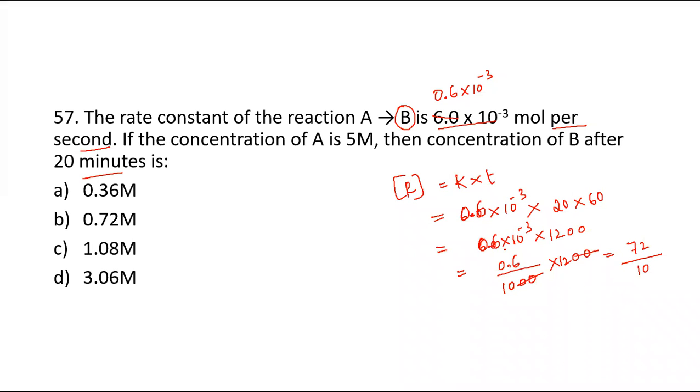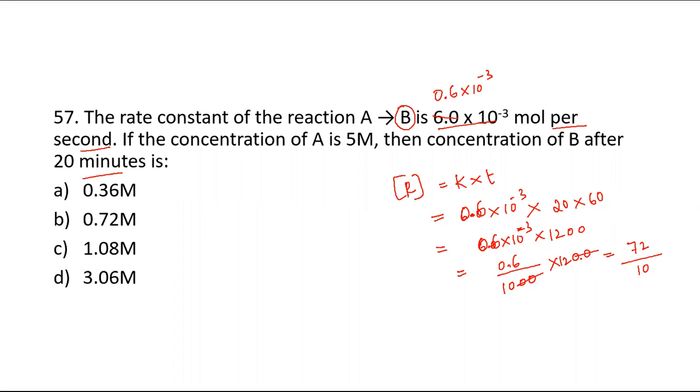Yes. So there was a mistake in the question itself. This is not 6, this is 0.6. Since you are not supposed to use the calculator, try to solve it without calculator. 20 into 60 is 1200, 0.6. The 10 to the power of minus 3, taken in the denominator, becomes 1000, 10 to the power of plus 3.